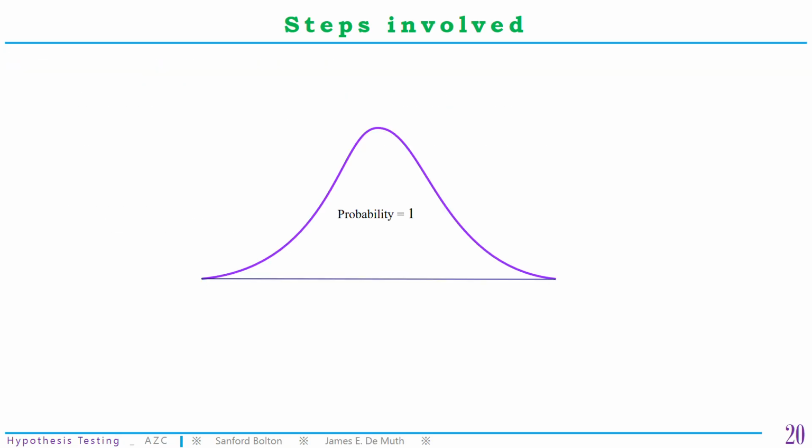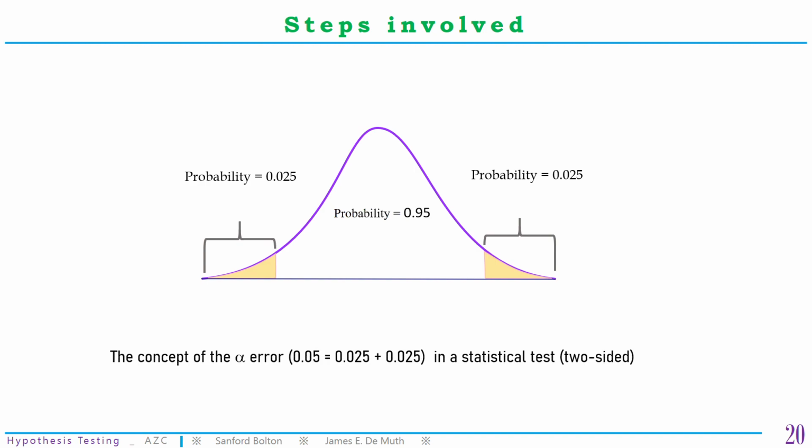Let us understand level of significance and rejection or acceptance of the null hypothesis by the probability distribution curve. Area under the curve is the total probability, that is 1. Hypothesis can be one-sided or two-sided. Here we take the example of two-sided hypothesis testing with a significance level of 0.05.